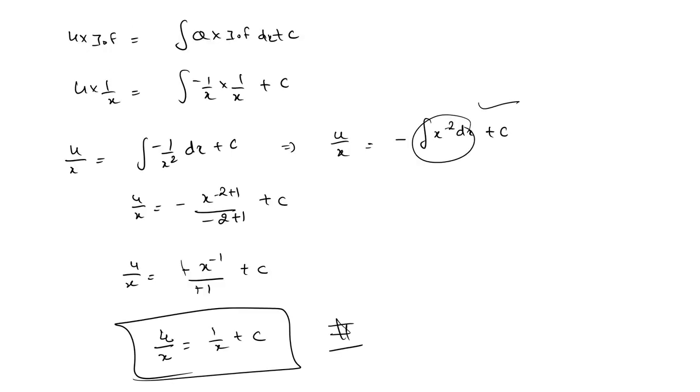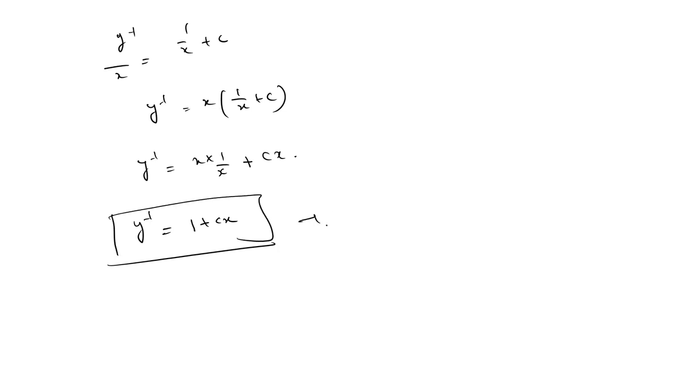So here we put y inverse divided by x equals 1 by x plus c. So again, y inverse equals x multiplied by 1 by x plus c, that is x into 1 by x plus cx, so y inverse equals 1 plus cx. So this is the solution of Bernoulli's equation.